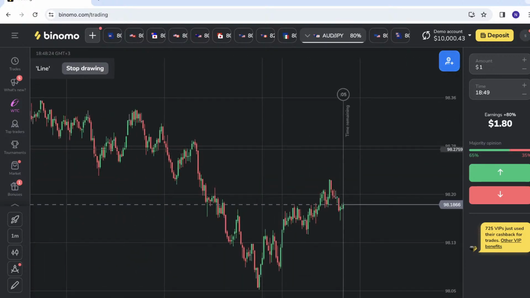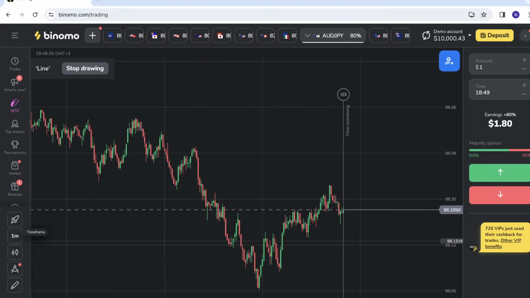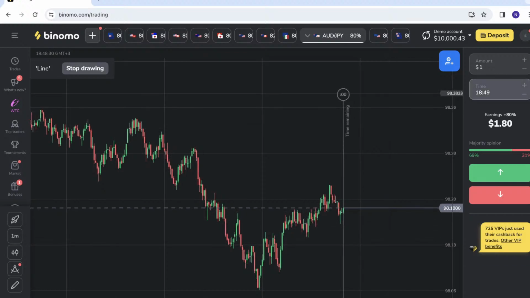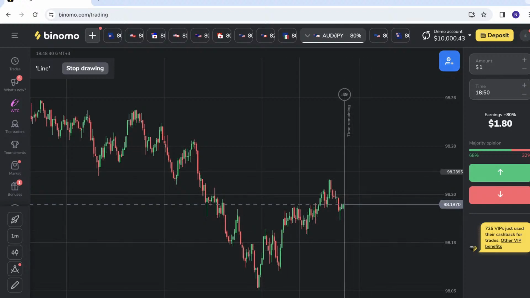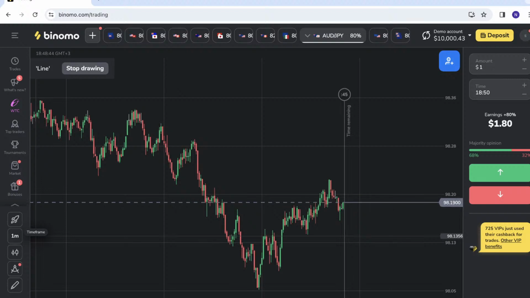If you are looking at a 1 minute time frame, in this case you can choose 3 or 4 minutes later. For example, if we get a good signal at this point and my time frame is 1 minute, for 3 or 4 Japanese candlesticks for the period, you can choose your expiration time.